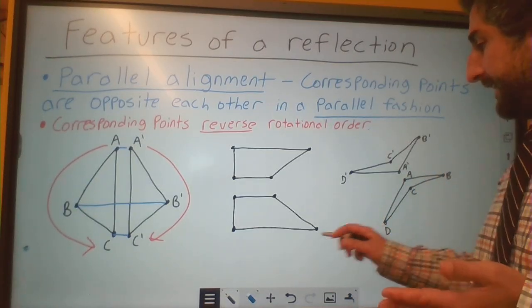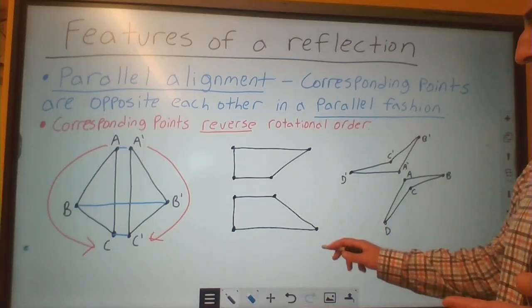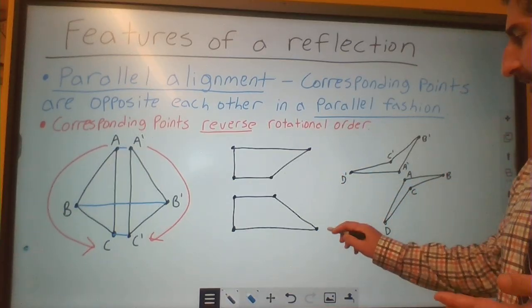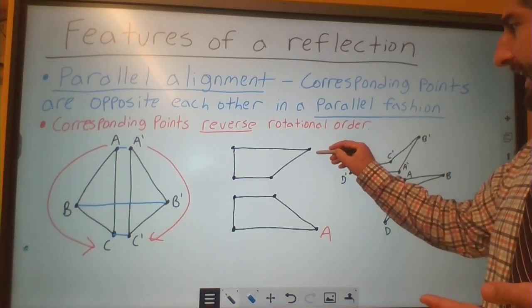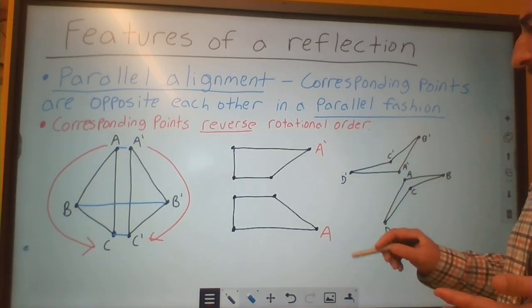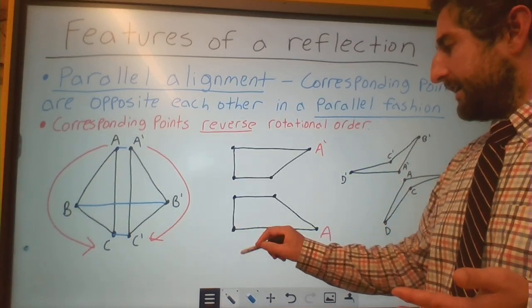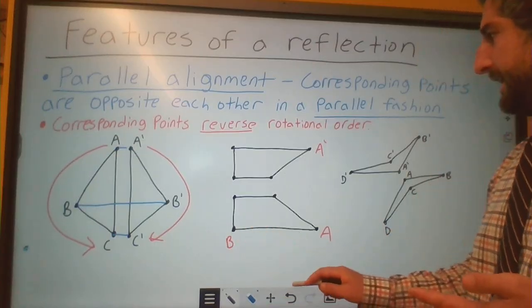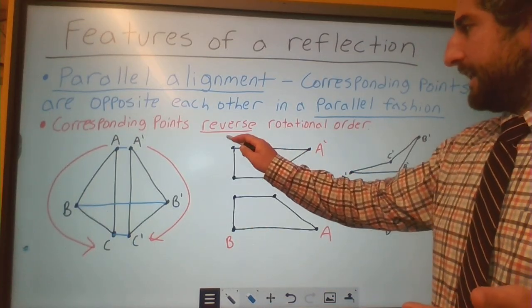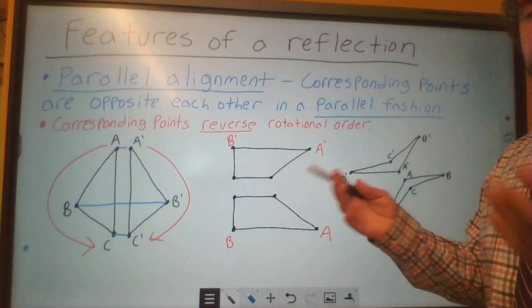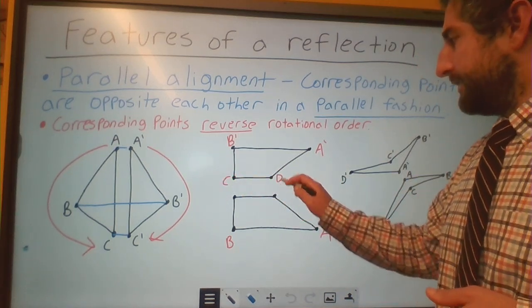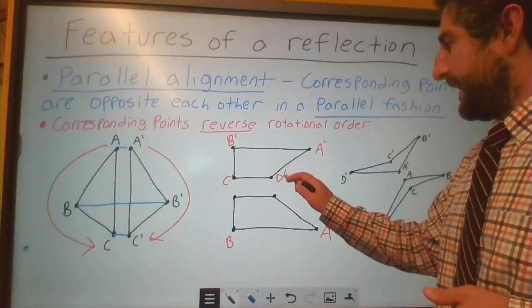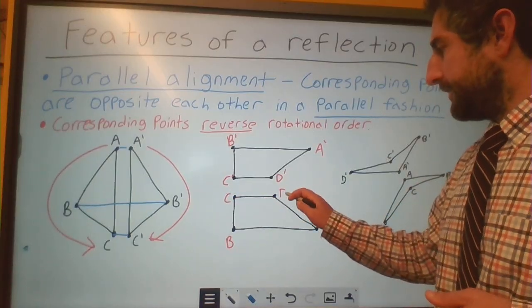For instance, if I'm looking at these two trapezoids, I could call the point at the end of the trapezoid A and A prime, and then I could go down the longest length in order to find B, go down the longest length to find B prime, and from then I'm just off to the races. I can just go around to get C and D for each.